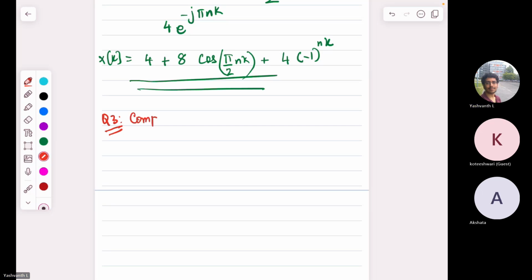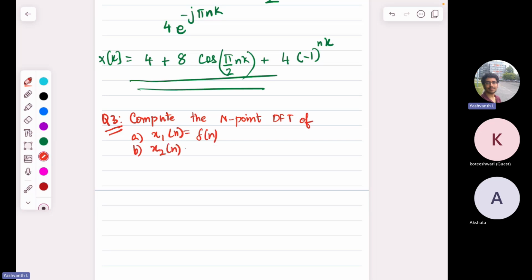Compute the N-point DFT of: A, x1 of n equal to delta of n, that is the discrete impulse.